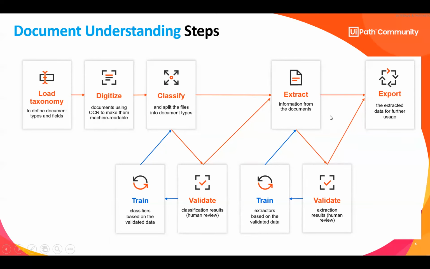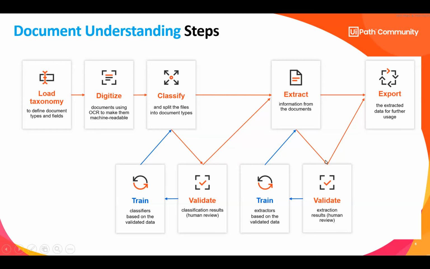That's it. Again, I'm telling you, if the bot is not able to classify, you can send it to the human for review and then retrain the classifier. If you don't want to retrain the classifier, you can simply send it to a human for review and then jump to the next stage or step. What happens if the extraction does not happen?